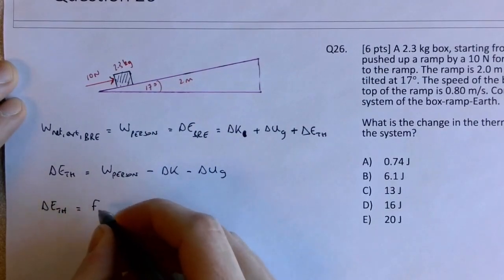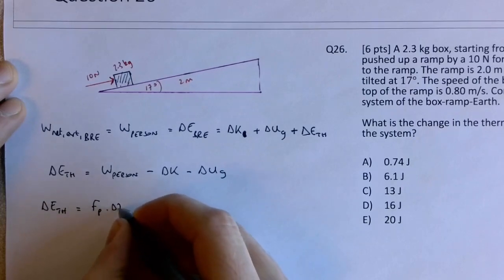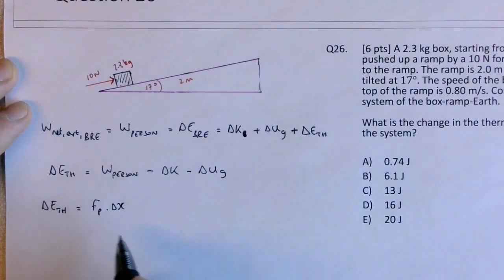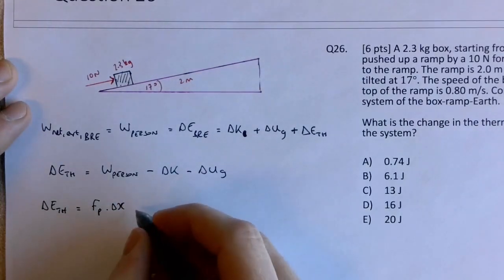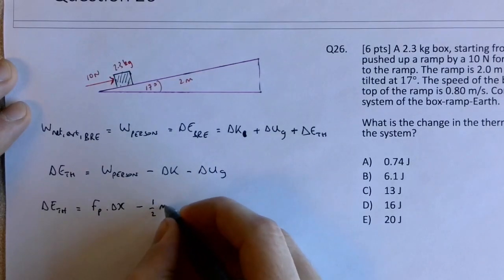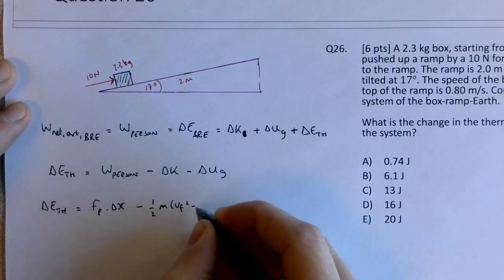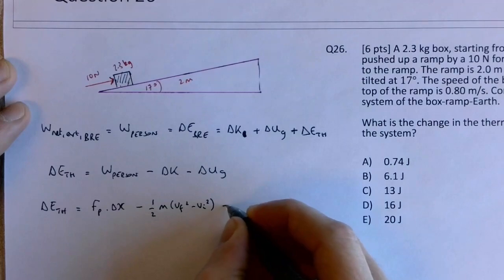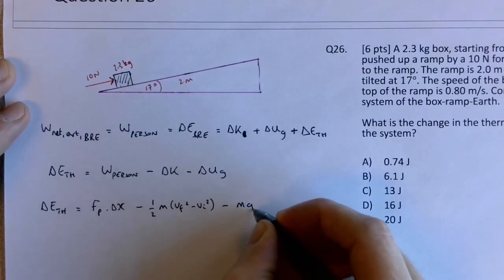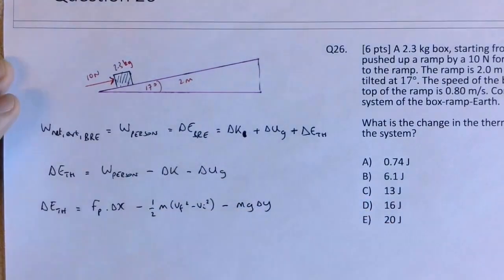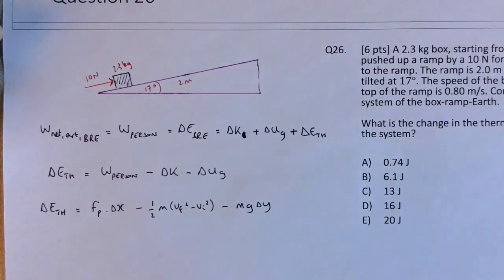So this is the force by the person times the delta x of the block, and since they're parallel, I don't need any angles, I don't need the cosine. Cosine of 0 is just equal to 1. Then minus 1/2 m times v f squared minus v i squared, minus mg delta y. The only thing that's maybe challenging here is finding out what this delta y is.